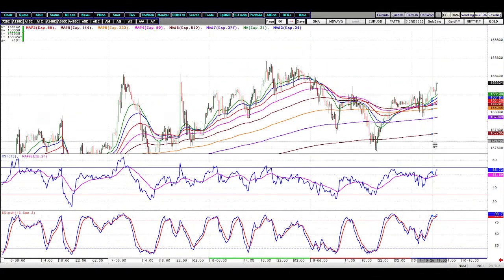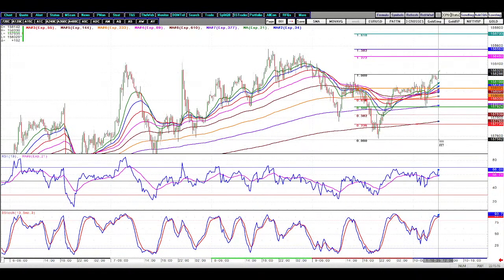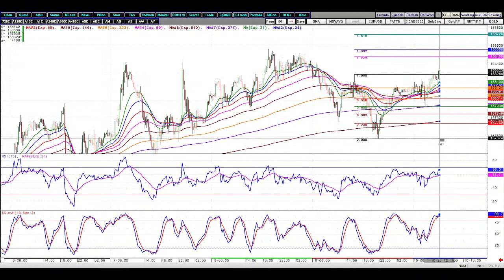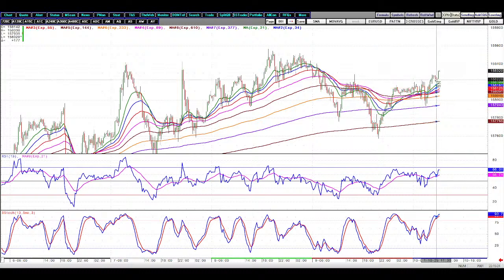So what we feel is it might continue higher, and it should have a pause near 15855. So if we are planning to go for a buy, then we should be looking to buy somewhere near 15820.